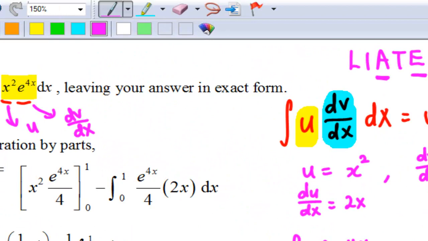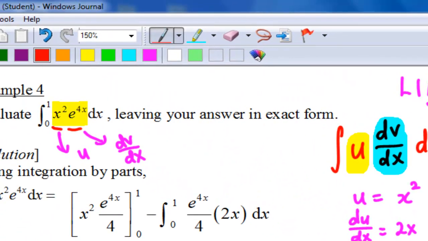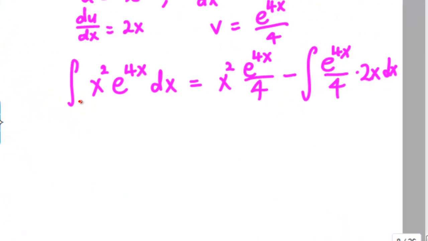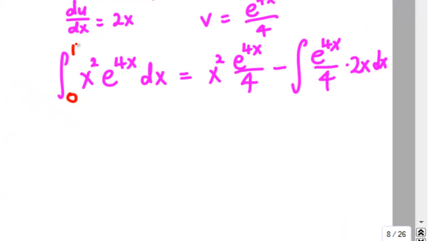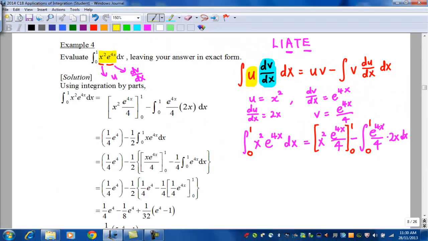So for this case, we are asked to find the definite integral integrating from 0 to 1. So all we need to do is to place in the 0 and 1. So for this, we also have to place in 0, 1 and 0, 1 here. So this whole equation here is what we've seen right here.